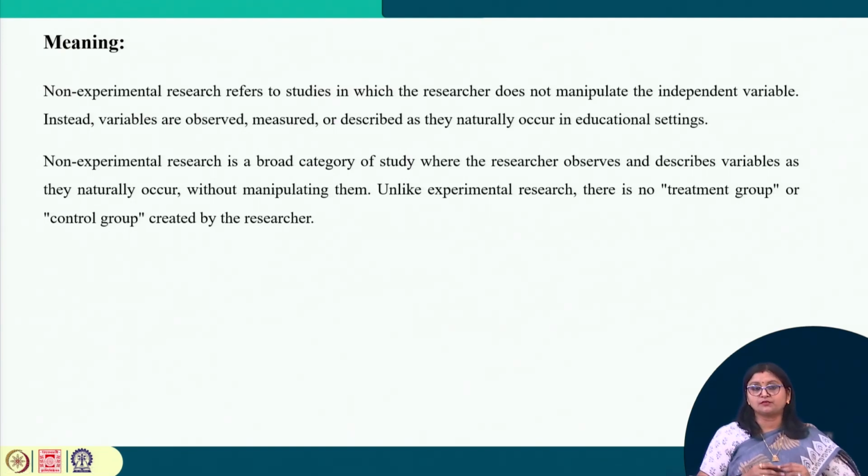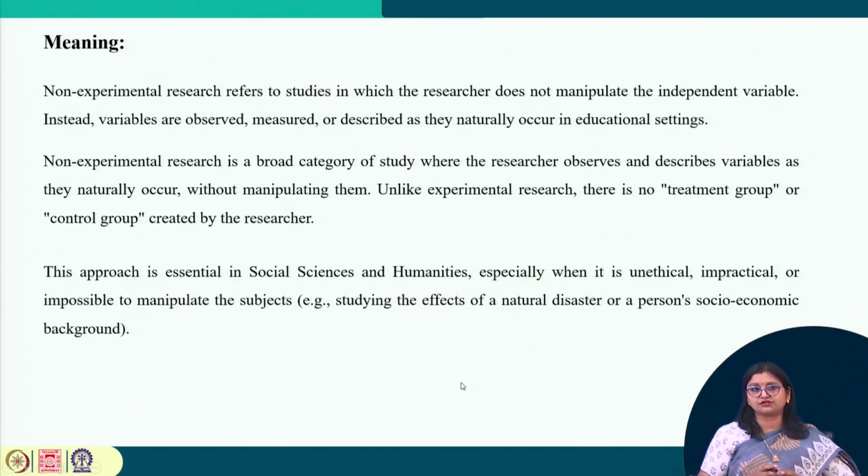Non-experimental research is a broad category of study where the researcher observes and describes variables as they naturally occur without manipulating them. So, this is non-manipulative research. Unlike experimental research, there is no treatment group or control group created by the researcher.